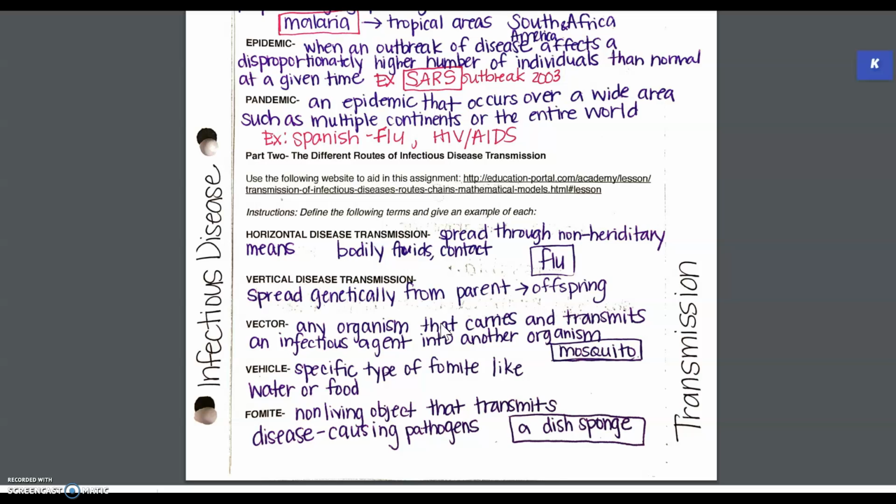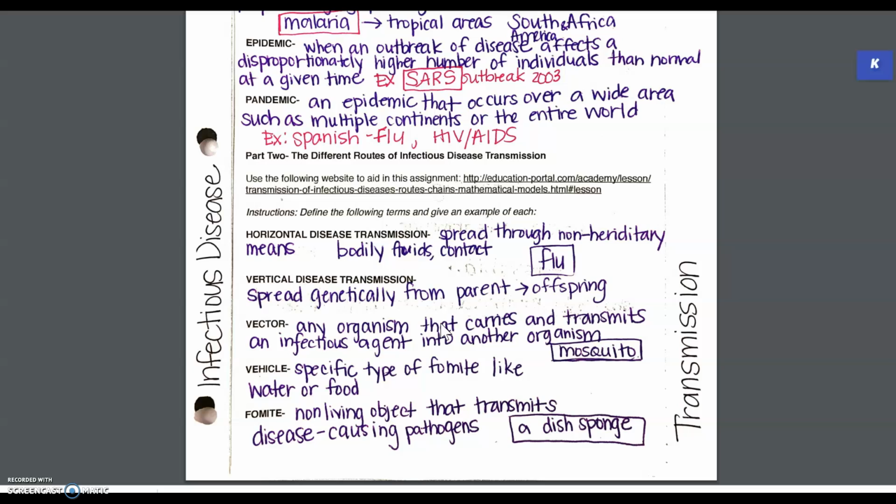And remember, those are non-living objects, so those are things, not people. So surfaces, a dish sponge on your countertop is a huge fomite.